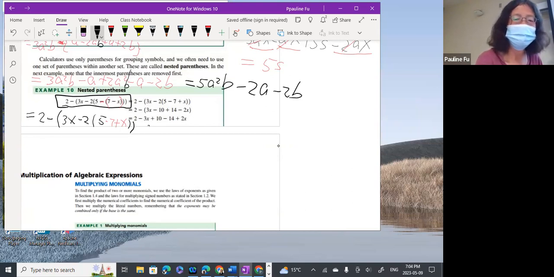Now you keep on going, copy down everything. Now you do something about this bracket here. This bracket is actually -2 plus x, right?